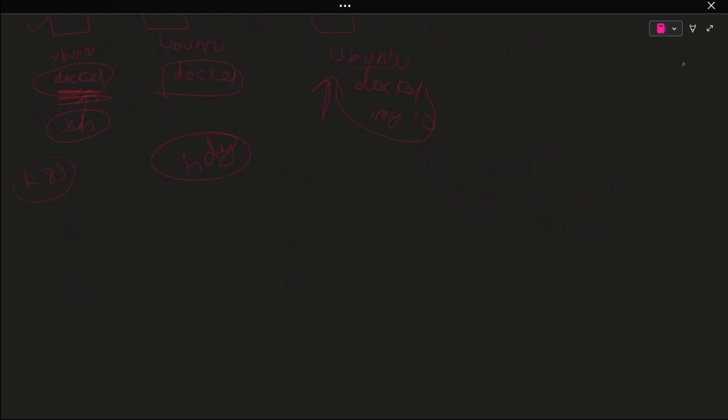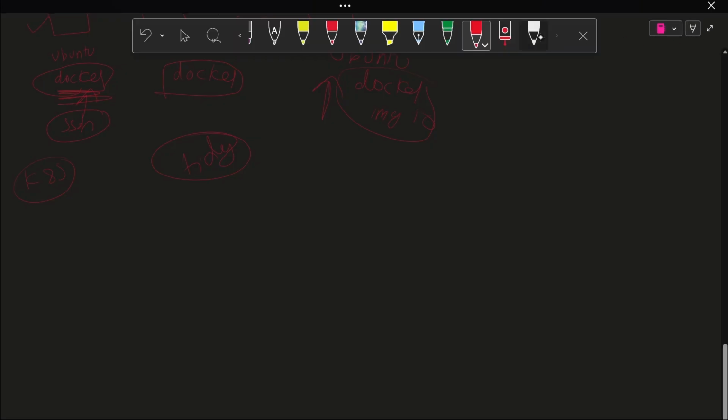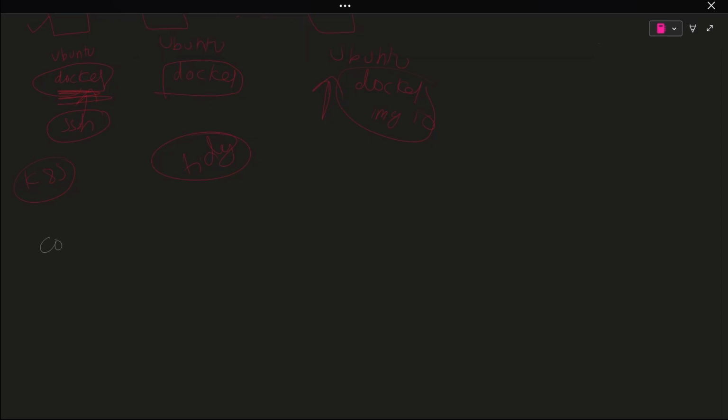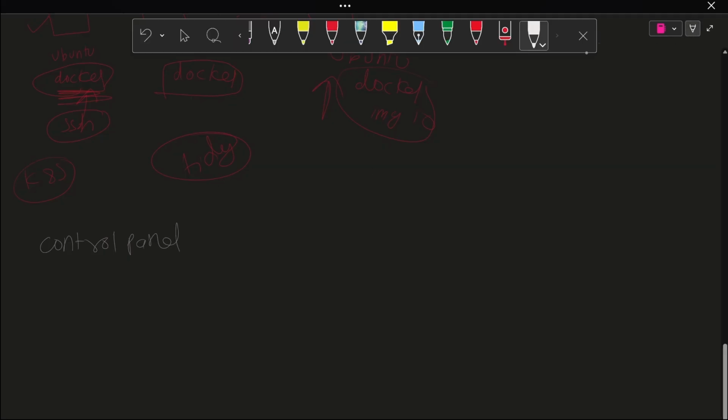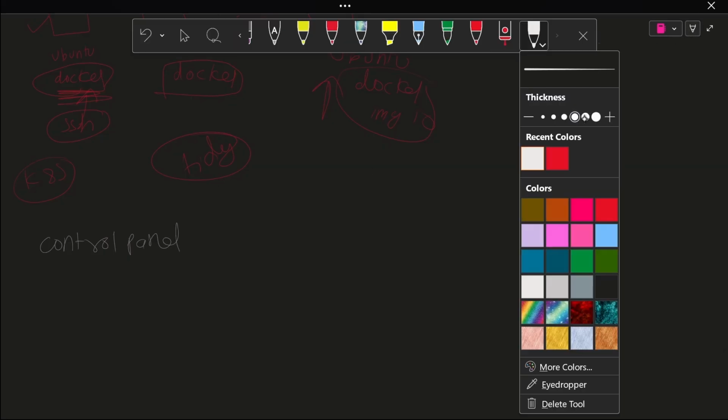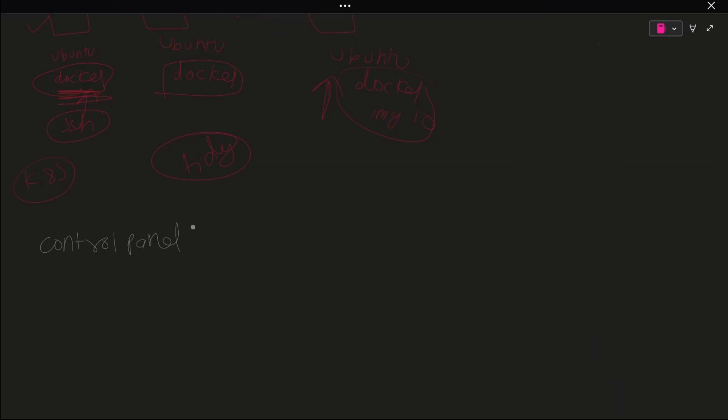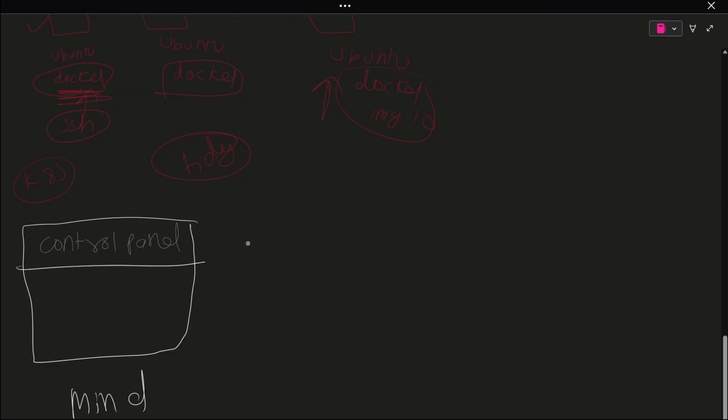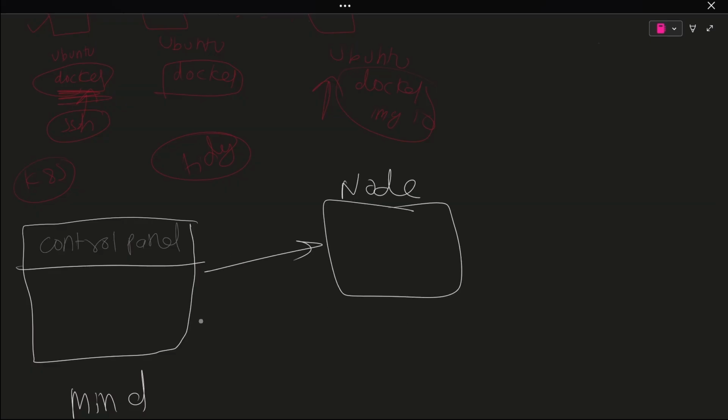So in K8s, we have something known as the control plane. What is this control plane? The control plane is nothing but the main mastermind. Let's say this is the mastermind, and this control plane will have some nodes.